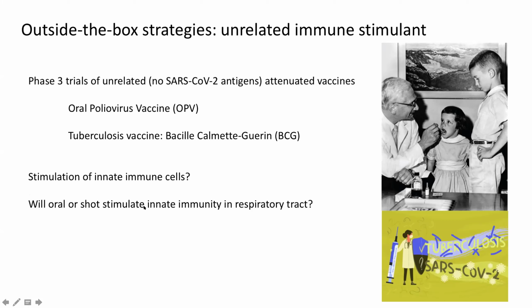The question is will it stimulate immunity in the respiratory tract, as neither of these vaccines are given through the respiratory route, though tuberculosis is respiratory. I'm anxiously awaiting the results of these trials because I think it's fascinating.